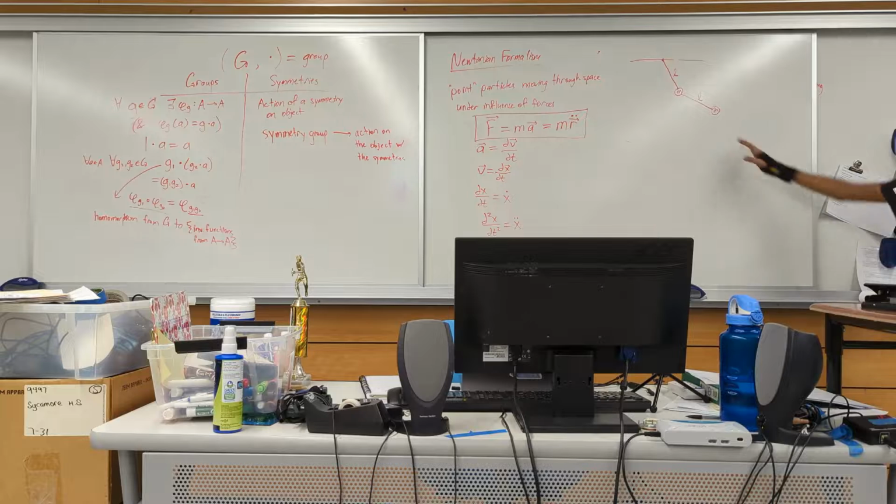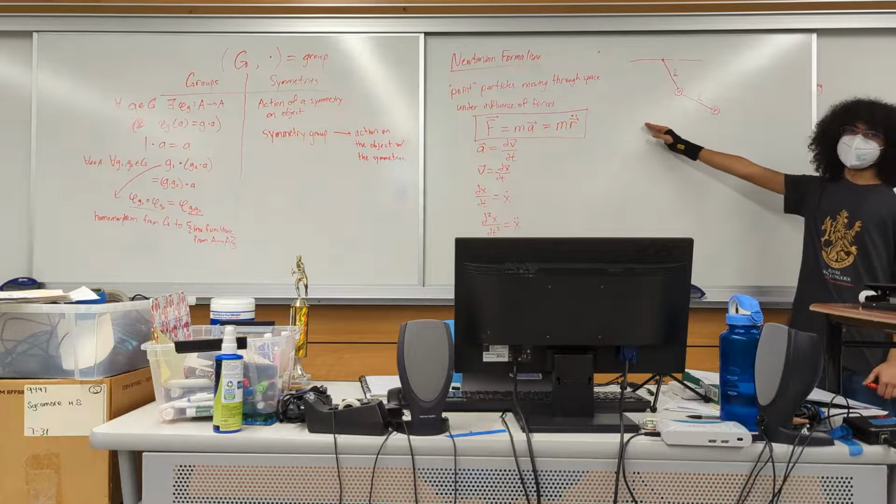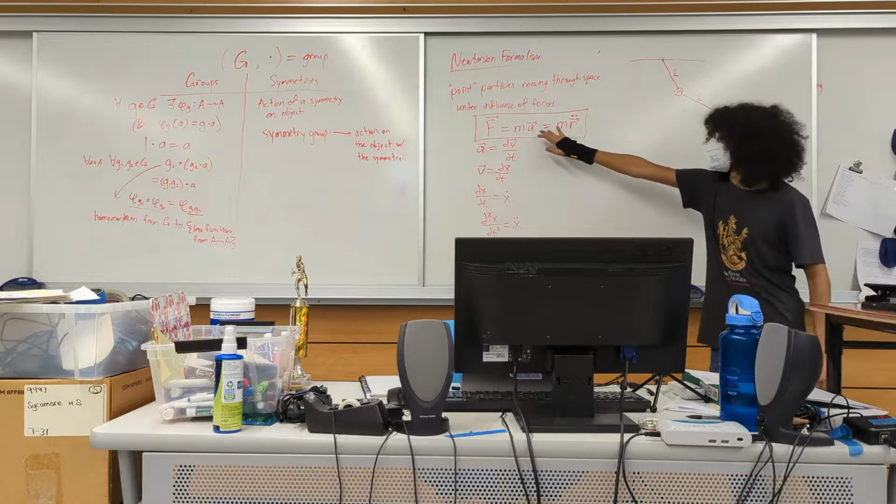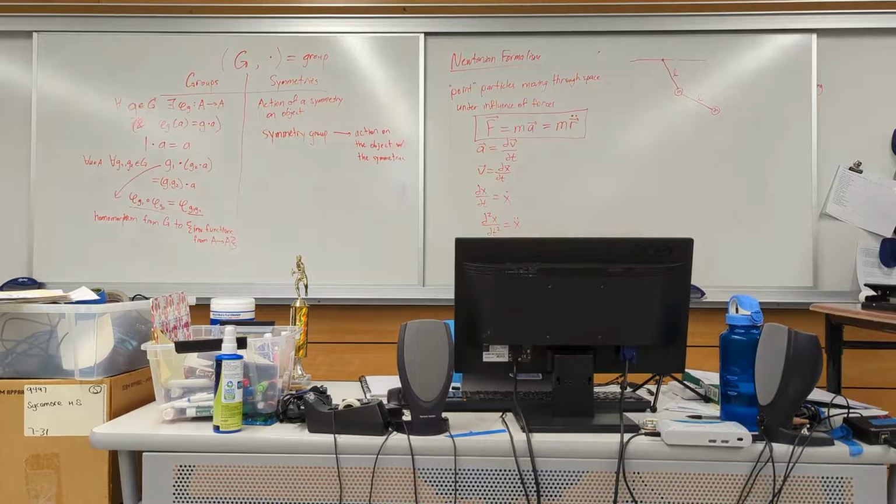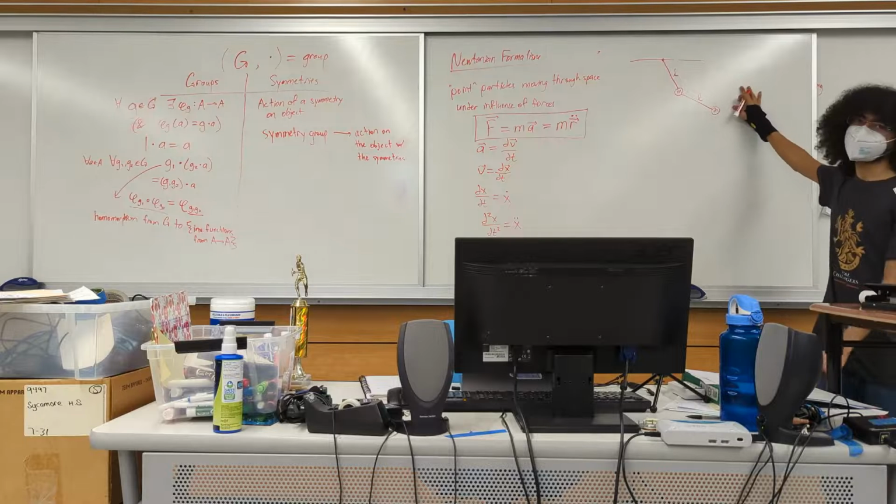This is a very difficult system to work out the equations of motion from here, and it's impossible to solve the trajectory analytically. This is a classic example of a chaotic system.